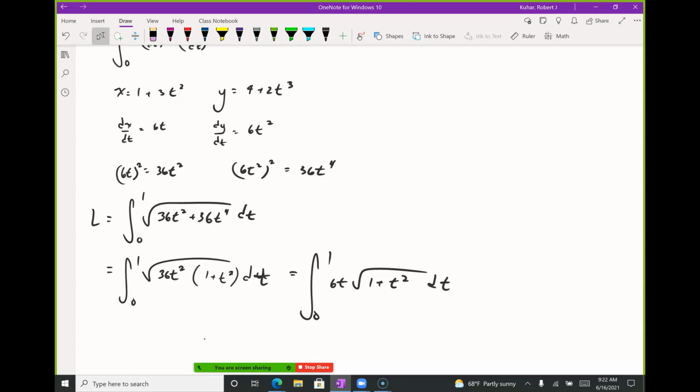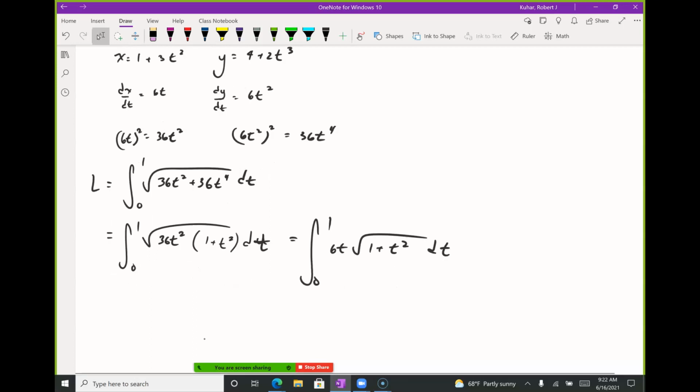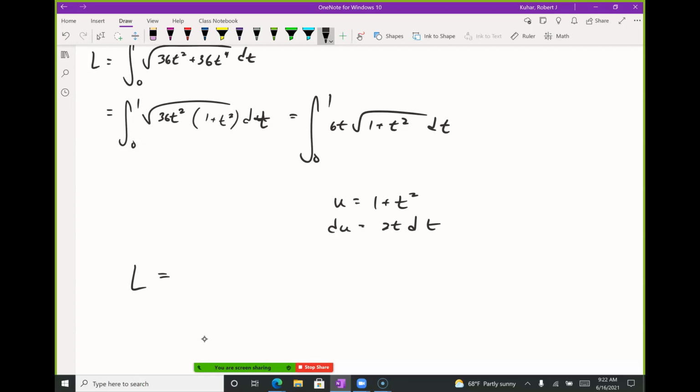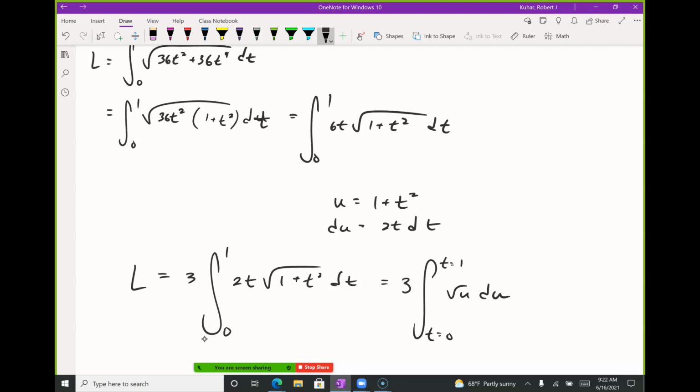And now the integral is simple, right? It's just a u sub. So what's my u? Inside is 1 plus t squared, so du is 2t dt. And I have that, right, I've got a 2t dt from the 6t. So this is 3 times the integral from t equals 0 to t equals 1 of square root of u du.